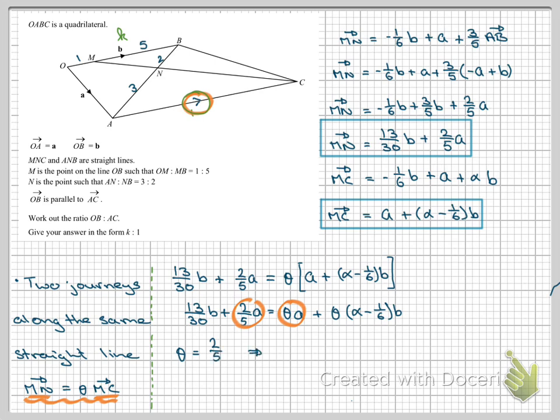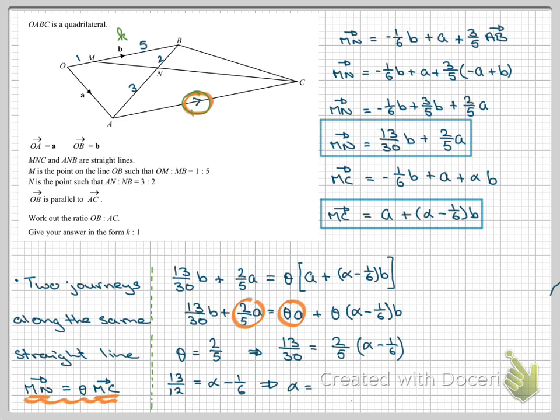Using that, I've got 13 over 30 B will equal theta, which is 2/5, times alpha minus 1/6. And I'm just taking out the B's there. And now I'll just times both sides by 5 over 2. That will give me 13 over 12 equals alpha minus 1/6.